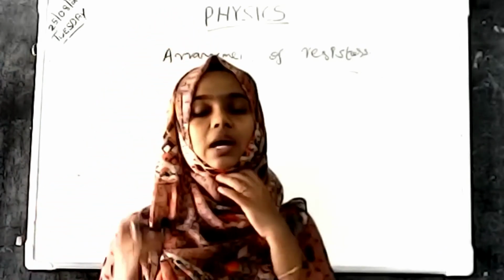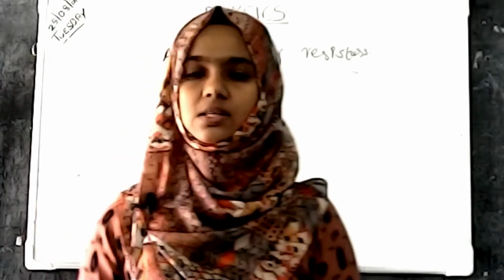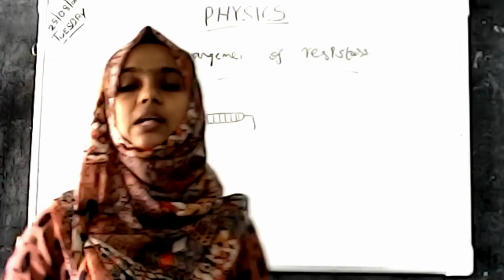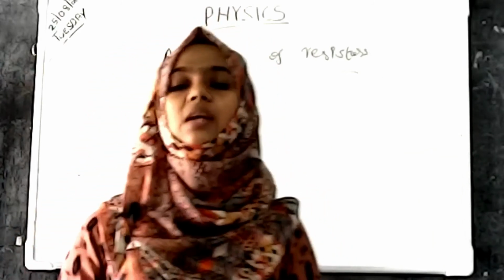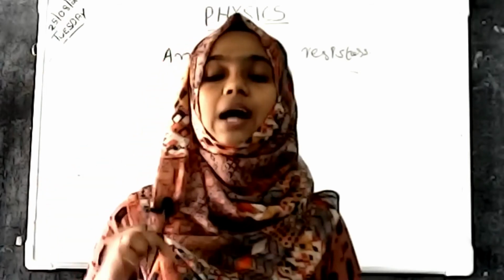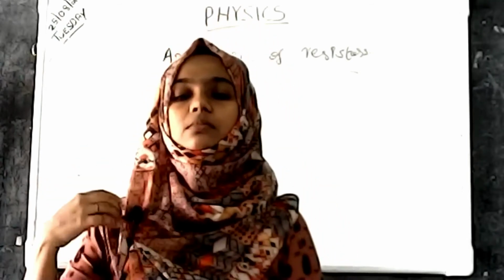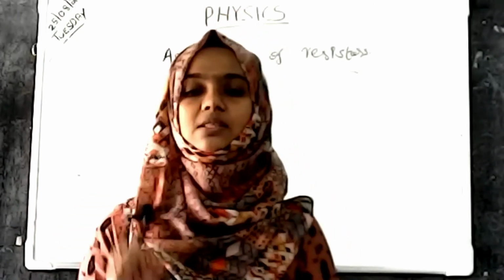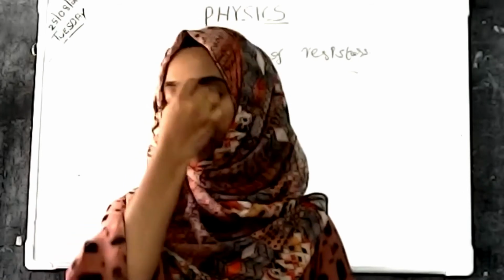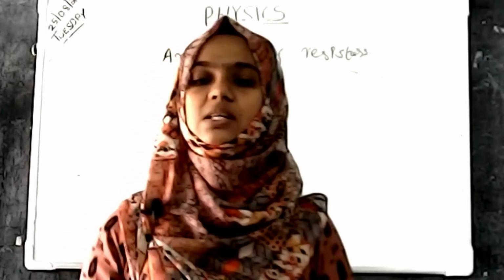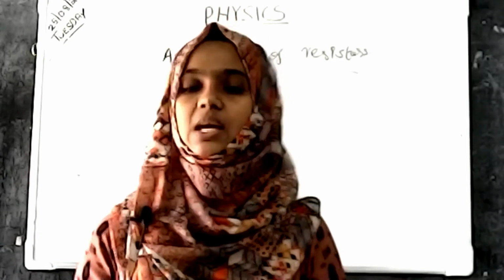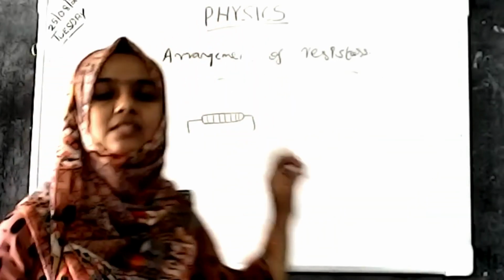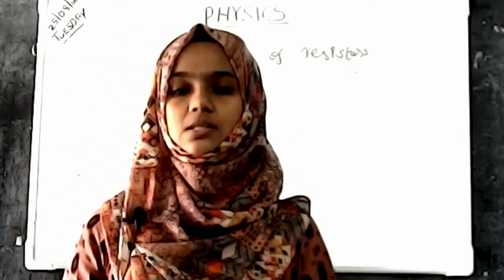Like this, every resistor has a resistance. So when we are making a circuit, we use a specific resistance in that circuit, and each resistor has a minimum amount of resistance, which is determined based on the colored bands present on the resistor.